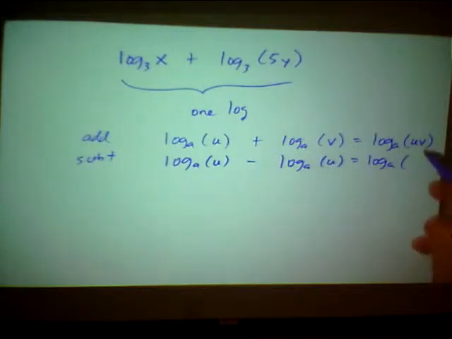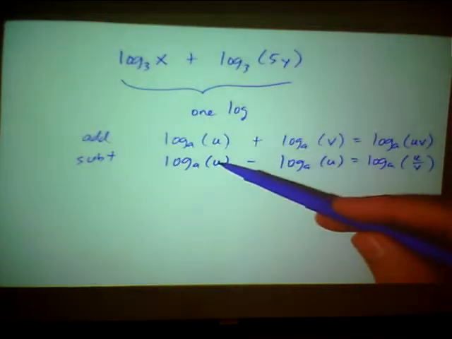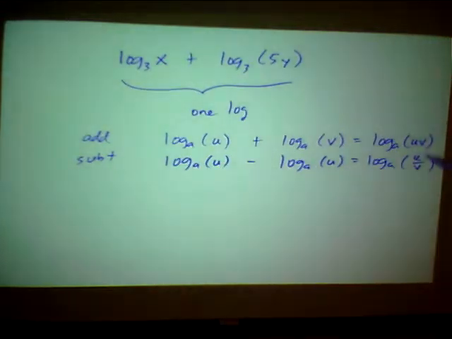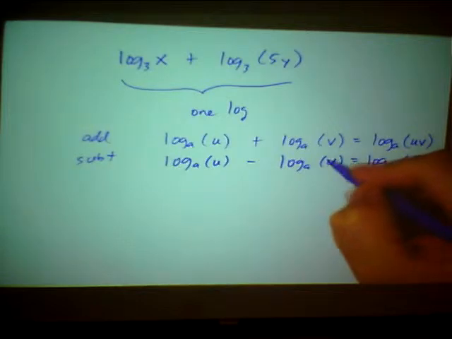And now it becomes log base A of u divided by v. So when you're adding log terms, you multiply the arguments. When you subtract a log term, you take the first argument divided by the thing you're subtracting. Whoops, I made a mistake. I'm glad I saw that. Should be a v here.